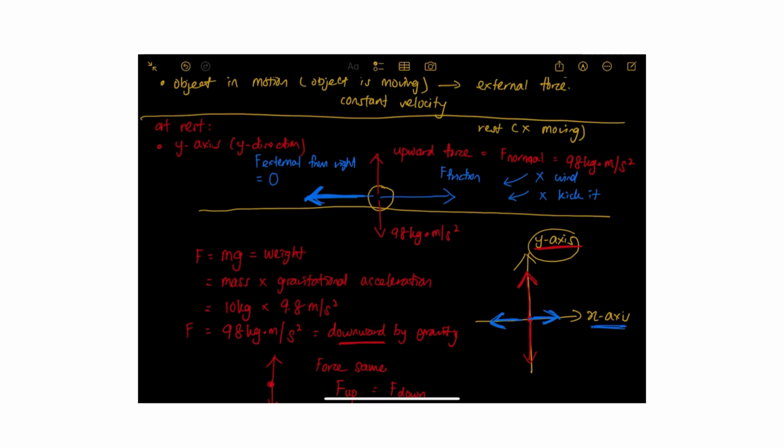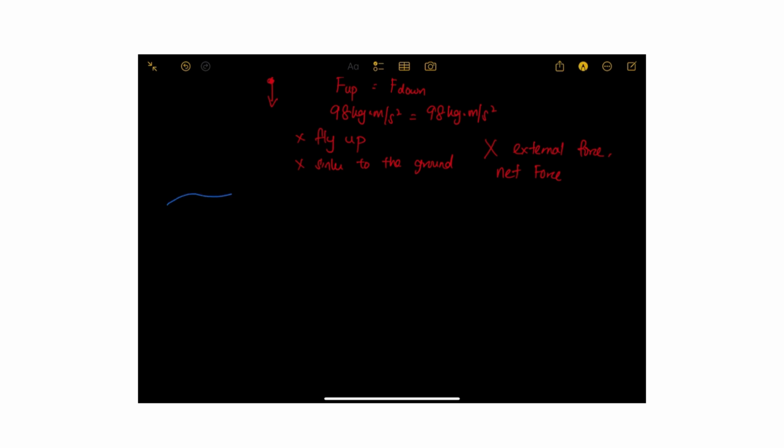Okay, so for this frictional force, because the ball we put on the ground, we will definitely have a friction force that prevents it from moving. So in this case, we will have the same magnitude of the frictional force that pushes from the left side to the right side. So if we put it in formula, F by wind or kick equals to 0.